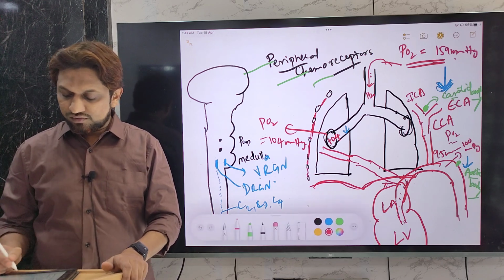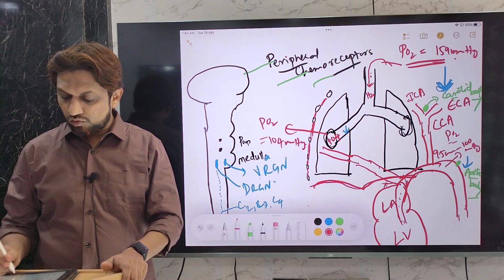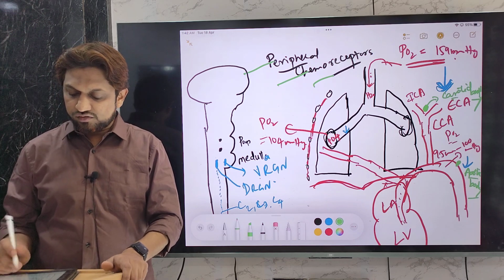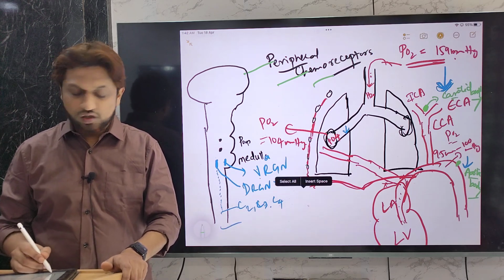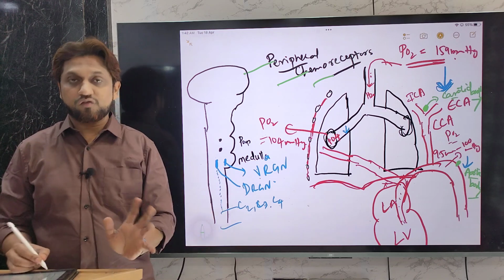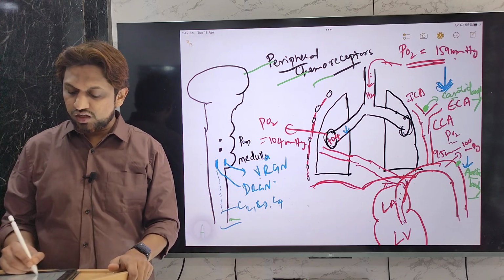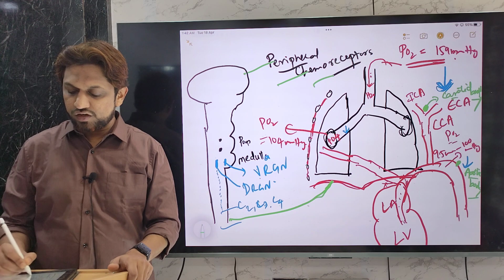So from the spinal cord segments C2, C3 and C4, from the anterior horn cells, one nerve originates and supplies the diaphragm muscle, that is the phrenic nerve.